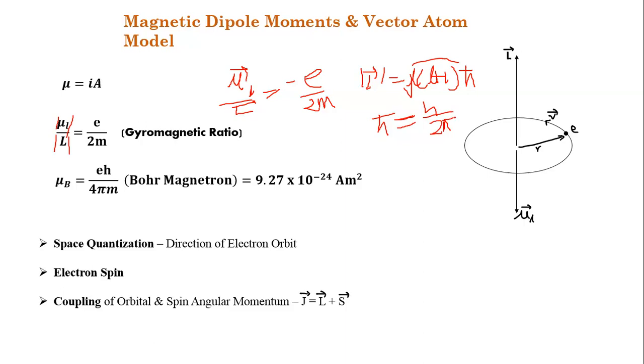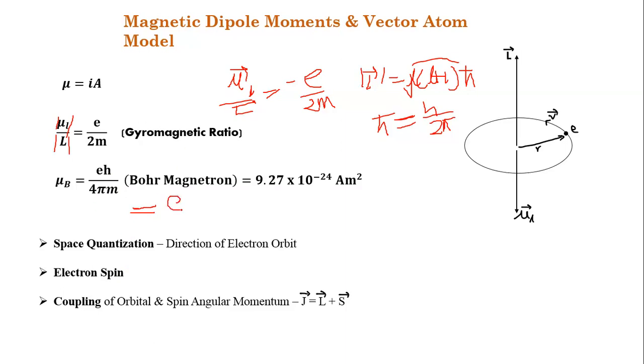If we put all these values, we get a relation in terms of mu B, where mu B is eh by 4 pi m or e h cross by 2m, which is called the Bohr magneton, and it is the unit of magnetic dipole moment.